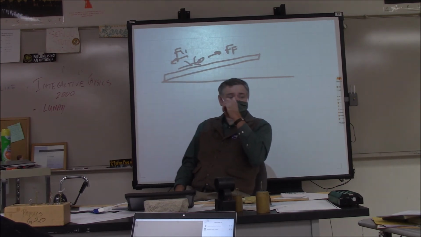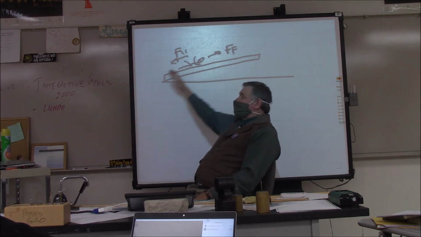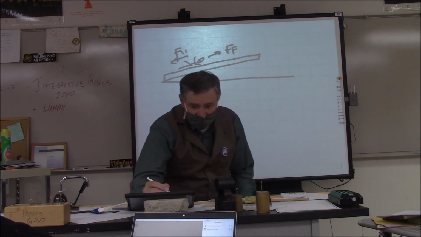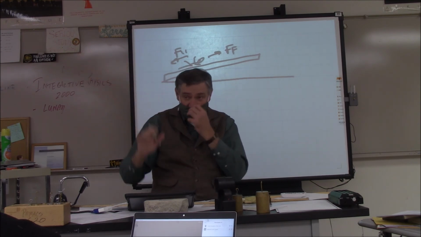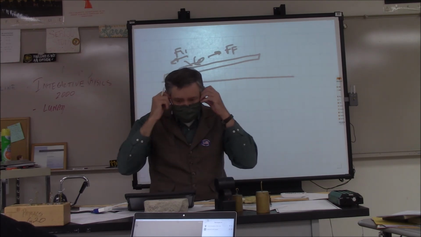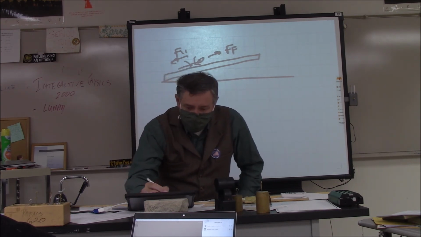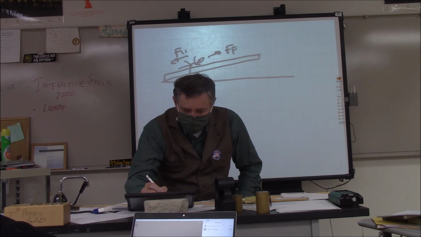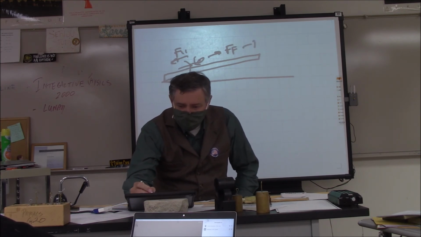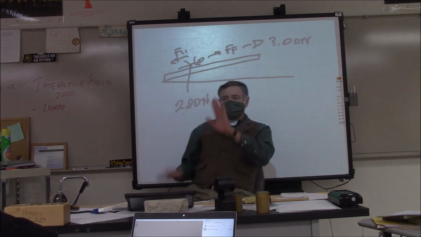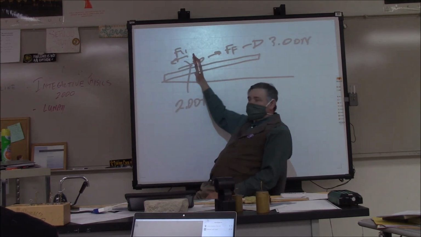So this is what I might ask you on the test, on Monday, by the way. I might say, all right, let's say there's a force parallel of 2 newtons, and the force friction is 3 newtons. You have a block sitting on an inclined plane.